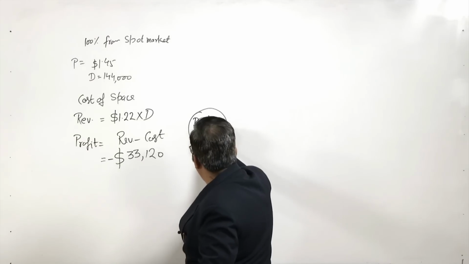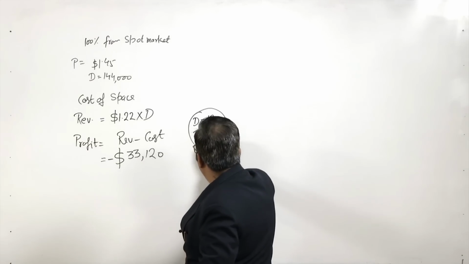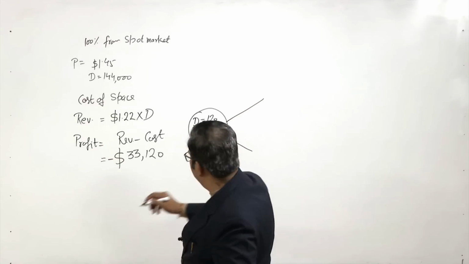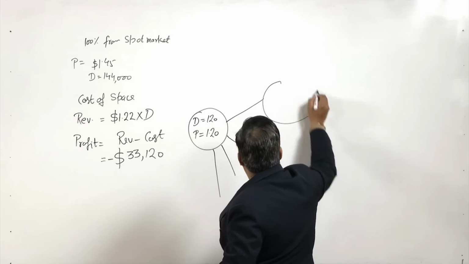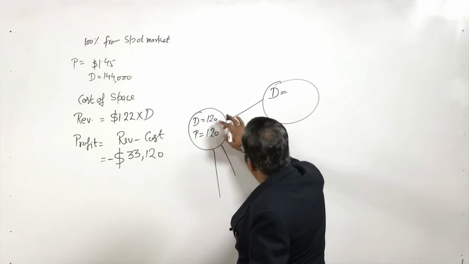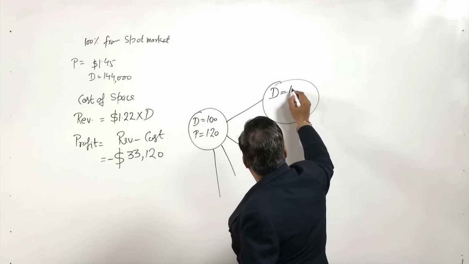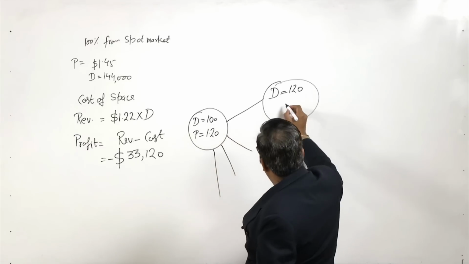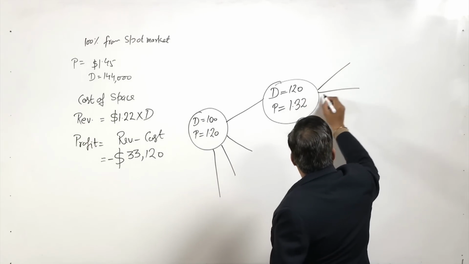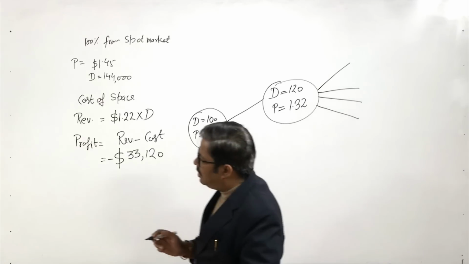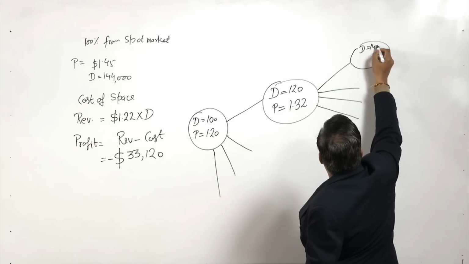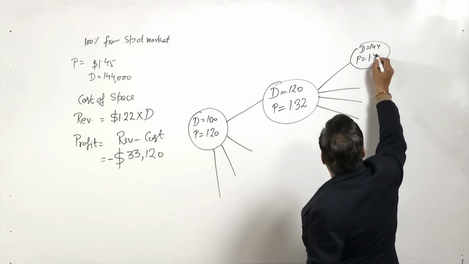This is D equals to 120 and P equals to initially 1.20. Then you have 4 possibilities, and let me discuss this only, where the D is increasing to, this was initially 100 and then it becomes 120. Price was initially 1.20, then it becomes 1.32, and then there are further 4 possibilities, and these are D is 144 and P is 1.45.